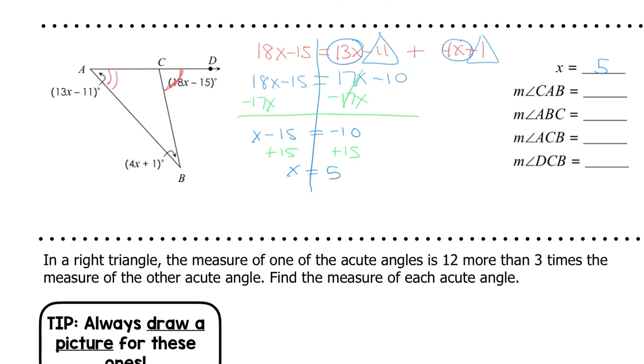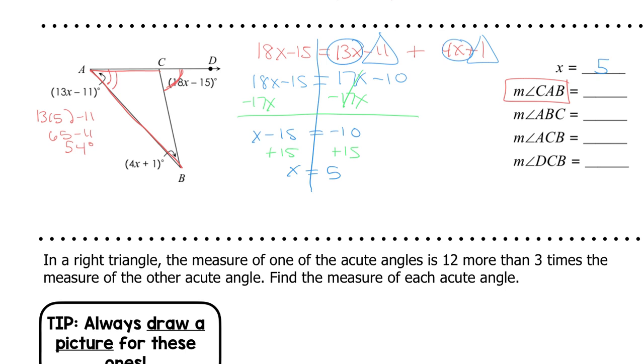All right, so first angle it wants us to find here is angle CAB. So CAB. So we have 13x minus 11, so 13 times 5, take away 11. So 13 times 5 is 65, and 65 take away 11 is 54.